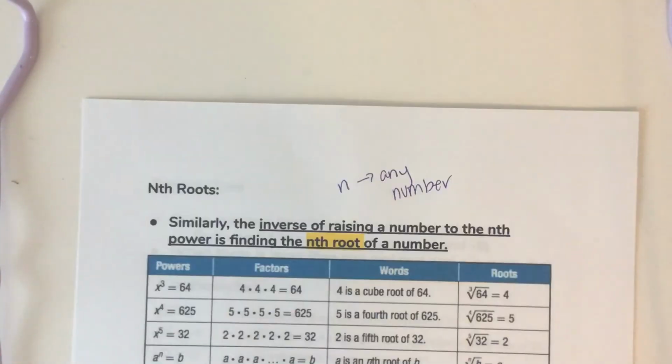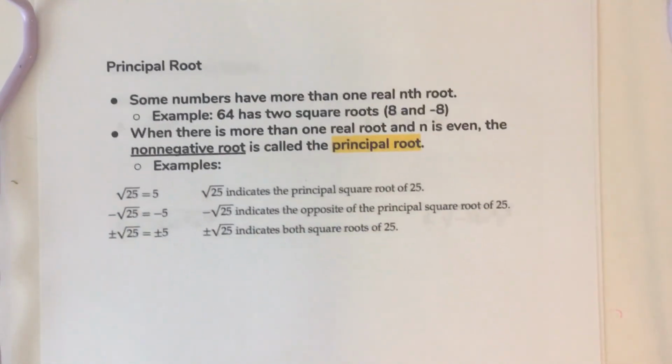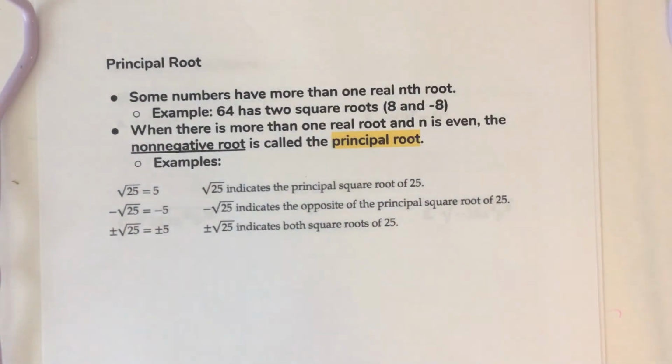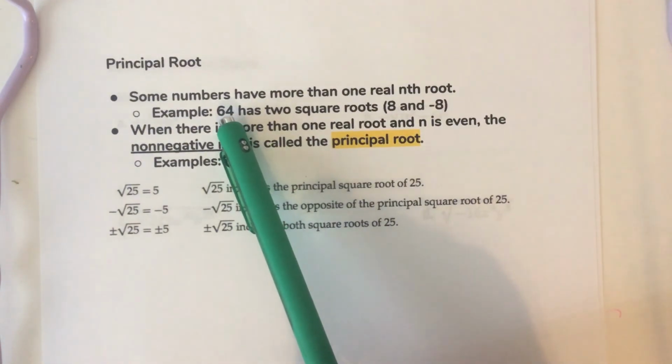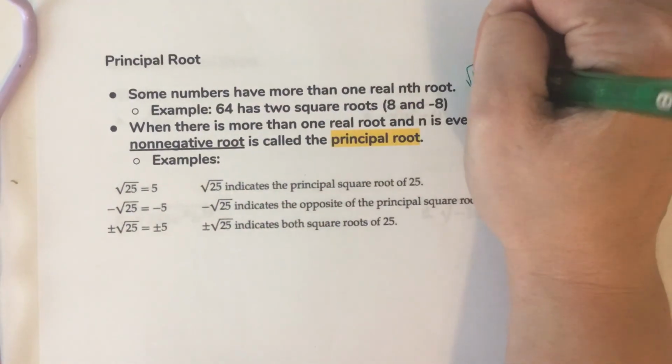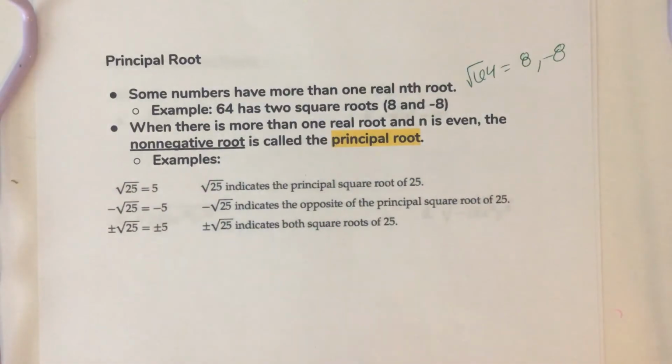So then moving on, now we're going to touch on what that principal root means. Just a little reminder here, some numbers have more than one real nth root. For example, the square root of 64 is 8, but it's also negative 8, right?